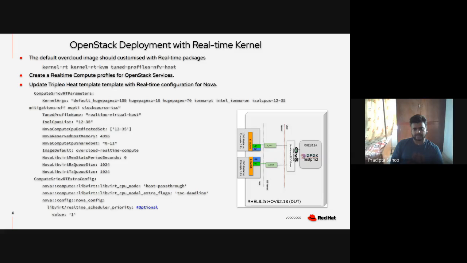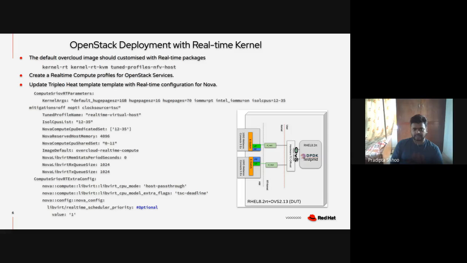In the TripleO heat template, we also need to pass specific tuning parameters after provisioning, which are required for the real-time configuration, such as kernel boot arguments with huge pages and CPU isolation, and the tuned real-time profile.